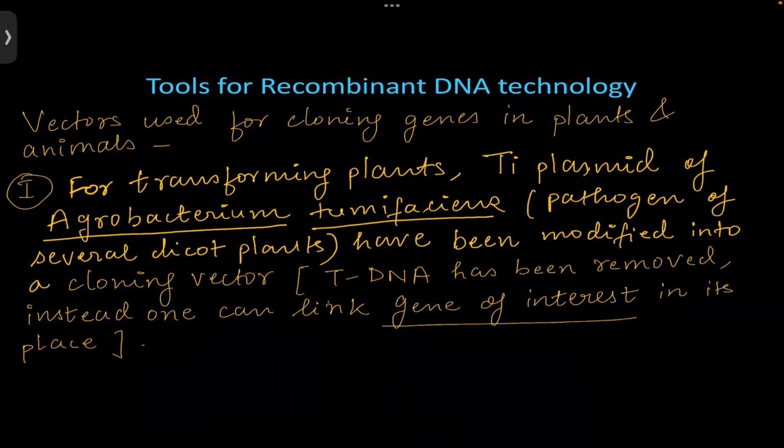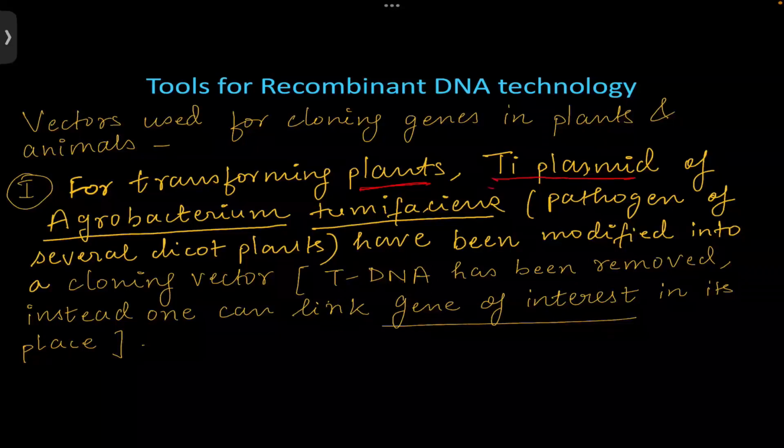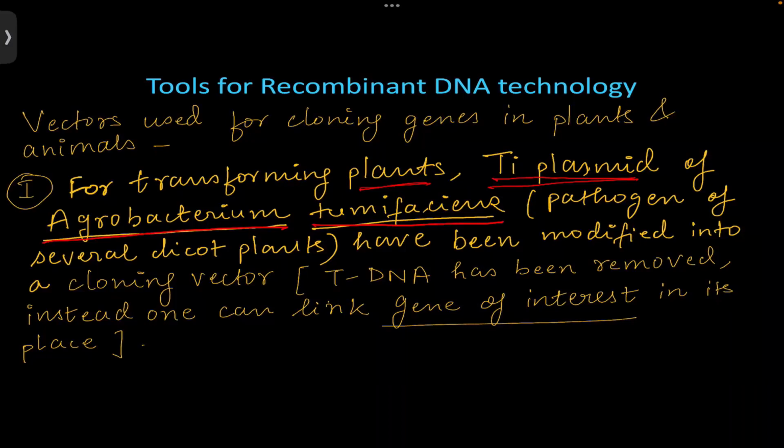For transforming plants, people have discovered a plasmid called the Ti plasmid, which is found natively in a pathogen called Agrobacterium tumefaciens. Let me repeat, Agrobacterium tumefaciens. These are pathogenic microbes, and they are known to trigger the transformation of normal plant cells into tumor cells.